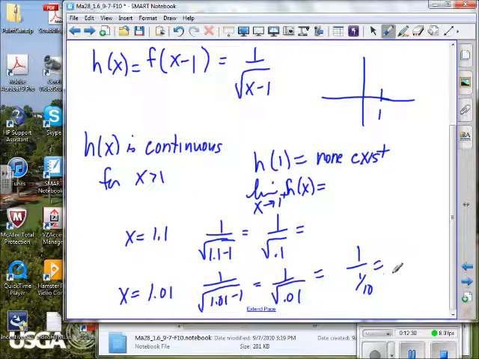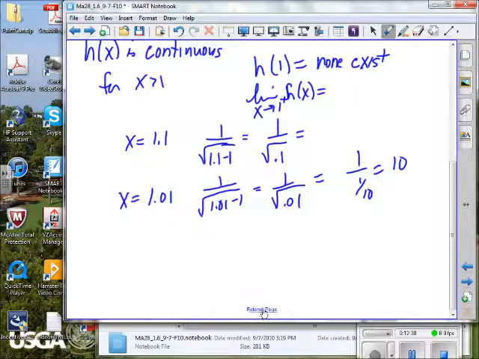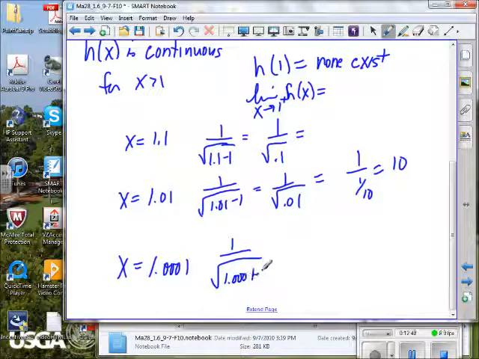Well, what is 1 divided by 1/10? Invert, multiply. 10. Well, let's see. What else do we know for sure? I don't know if this is going to be a nice one to work on. Tenths, hundredths, thousandths, ten-thousandths?